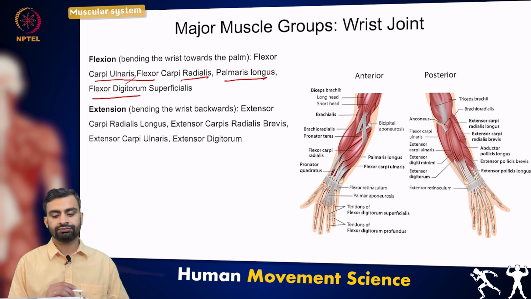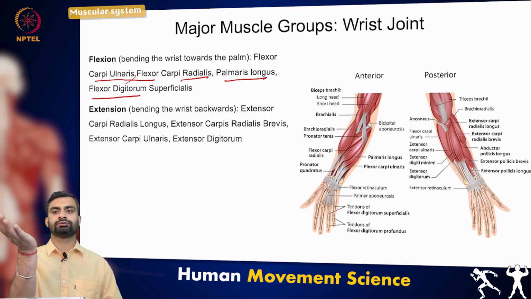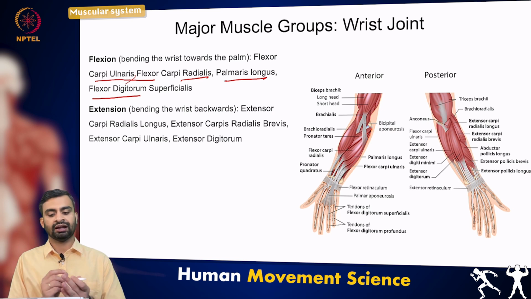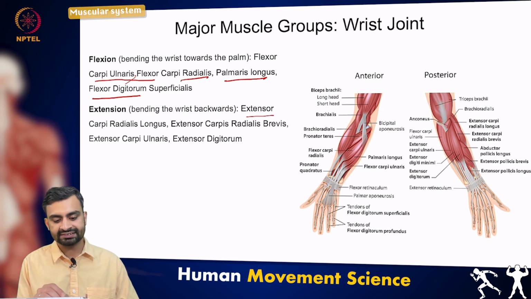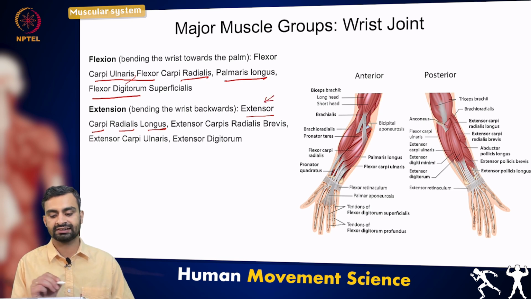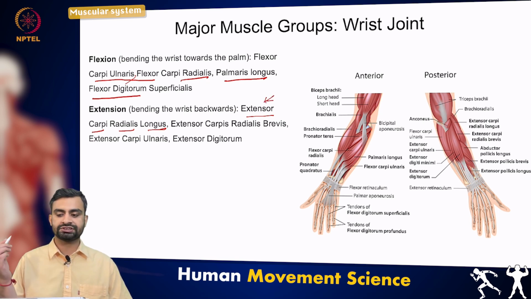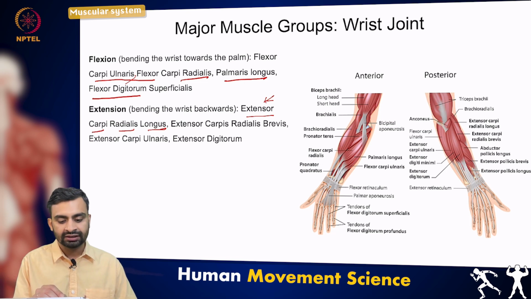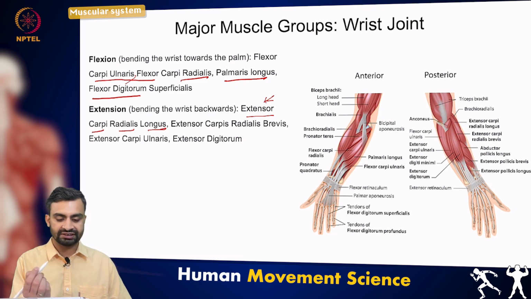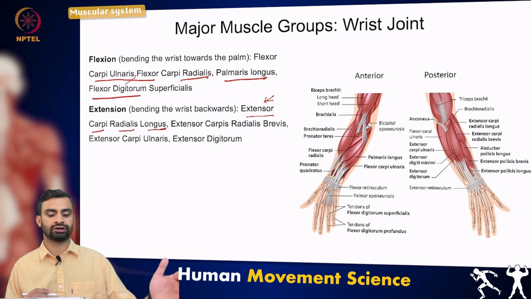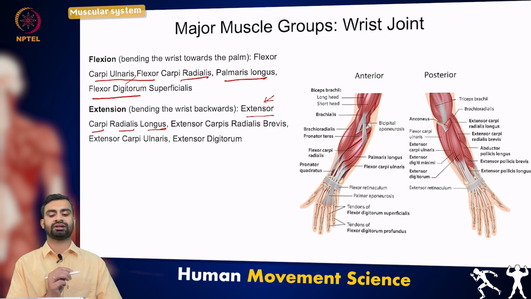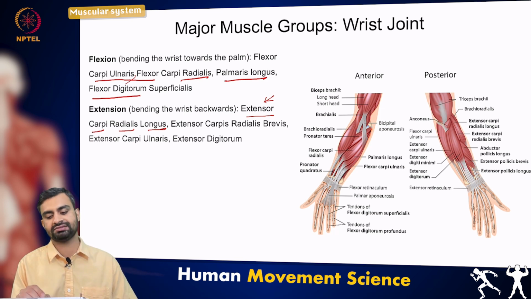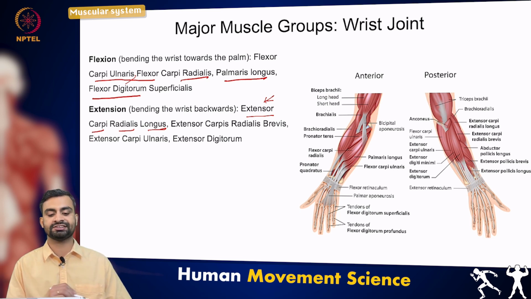The extension, where the wrist is moving backwards, is being produced by the extensor carpi radialis longus. Here, extensor is a muscle which results in extension. Radialis means towards the radius and longus means it's long, as we looked at the nomenclature. Similarly, extensor carpi radialis brevis, extensor carpi ulnaris and extensor digitorum are the muscles which are responsible for extension at the wrist joint.